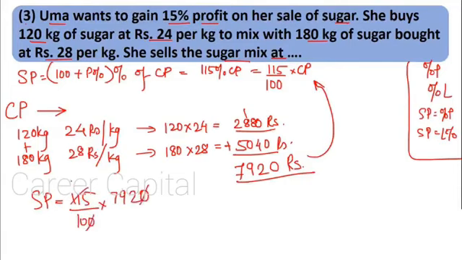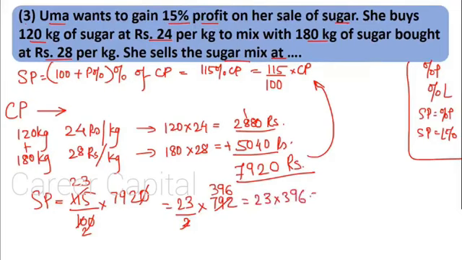This gets cancelled. 5 into 23, and 20 cancels with 7920 giving 396. So this is 23 into 396. That comes out to rupees 9108.